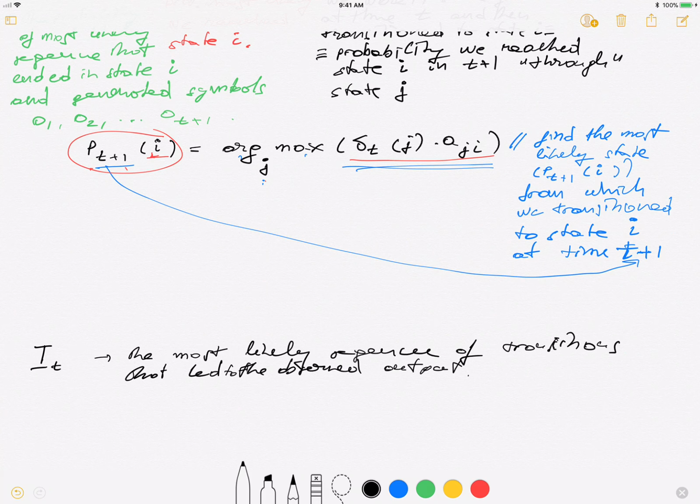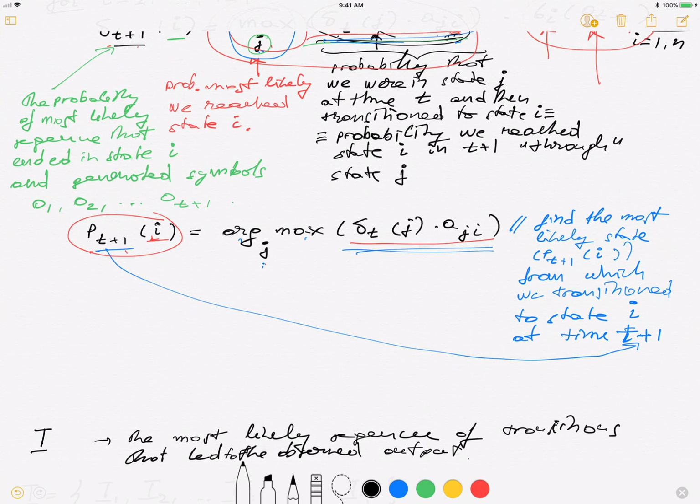It's a sequence, right? And in fact, I'm going to use more precise notation. It would be I. And since it's a sequence, it will consist of elements I1, I2, IT, where small t is the index of a general element, and the last one would be I large T, in our case of course T is 6. So this is the most likely sequence of transitions.